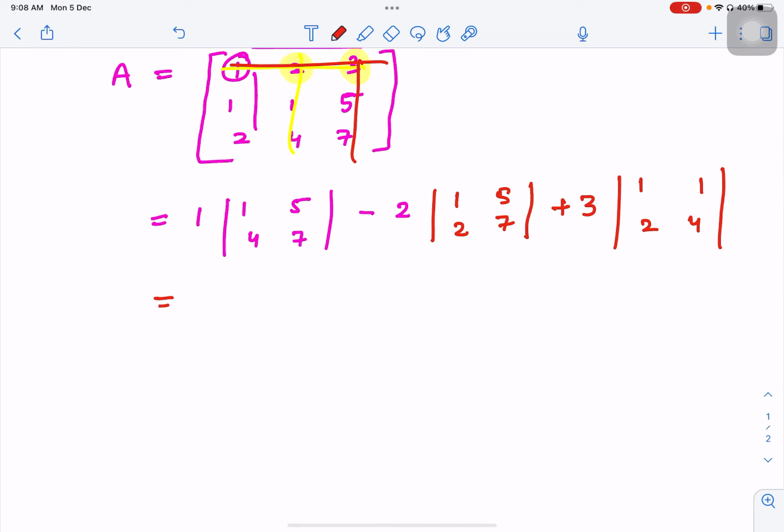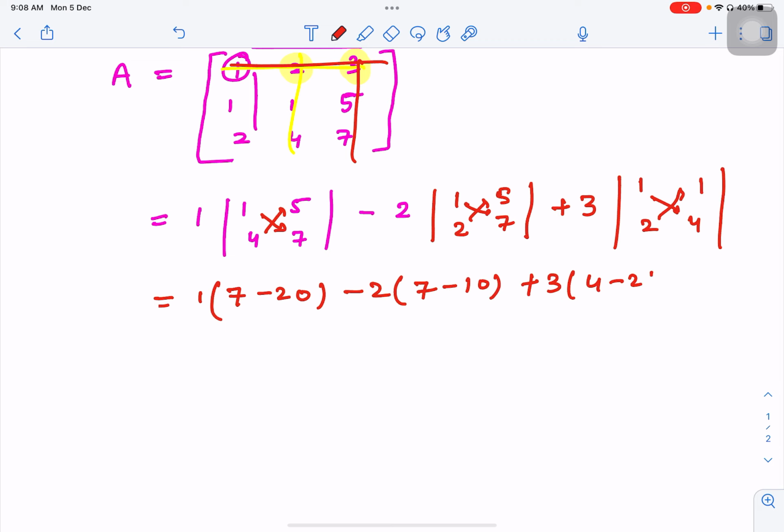So now we can solve this. How do we solve this? This into this, minus this into this, and so on. So this will become 1 times (7 minus 20), minus 2 times (7 minus 10), plus 3 times (4 minus 2).